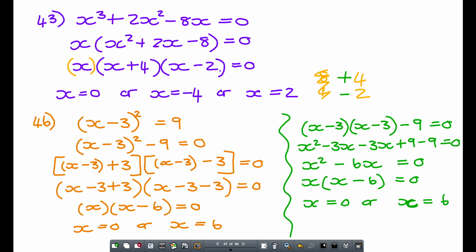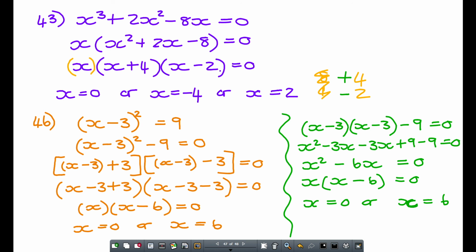Are you fine with that? So on the right-hand side, the green one, if you didn't see that it was difference of two squares, you could do option 2, the green one, by multiplying out those brackets first, and then you would get the common factor of x and get to the same answer. So both of those would be correct.